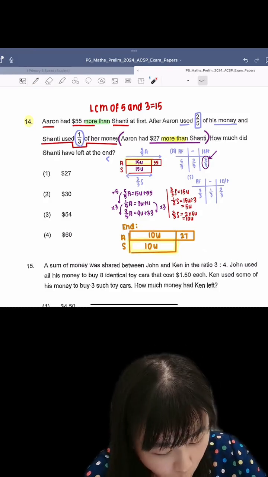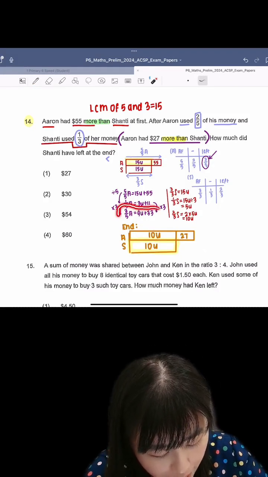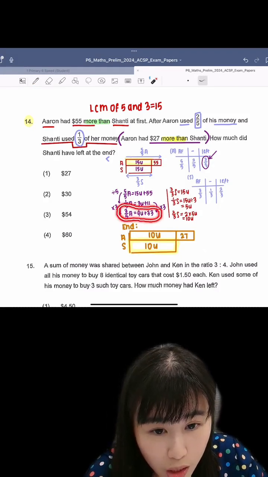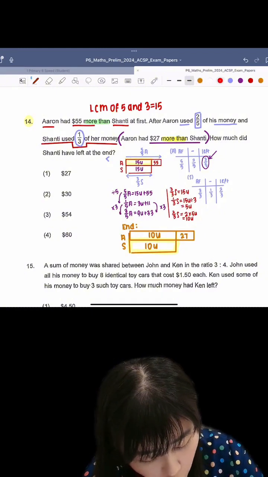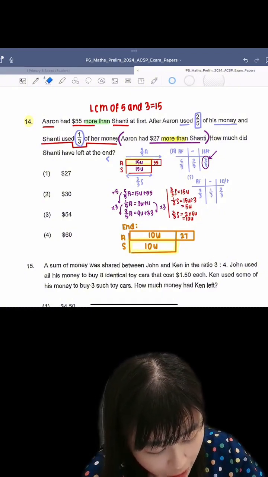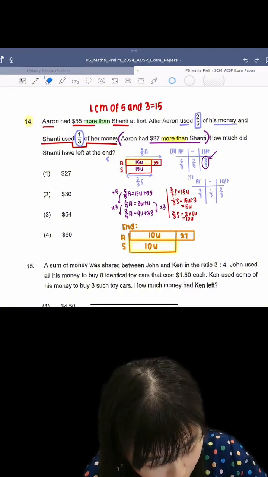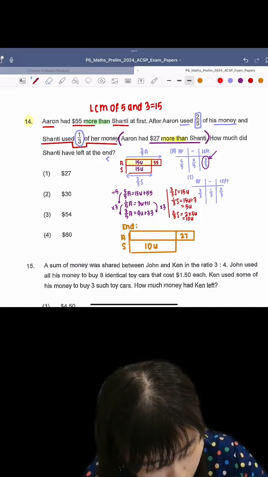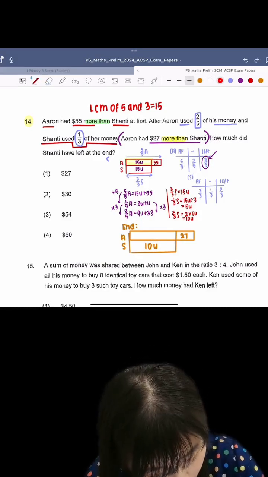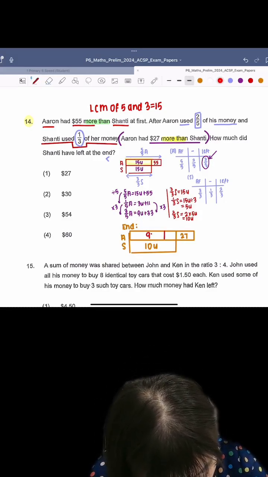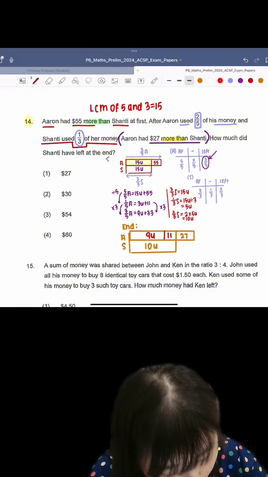Then next I will look at my A in the end, which is 9 units plus 33. Instead of 10 units here, I'm just going to erase the 10 units and cut it to become 9 units. If I cut it to 9 units, I know 10 minus 9, remaining here is 1 unit.